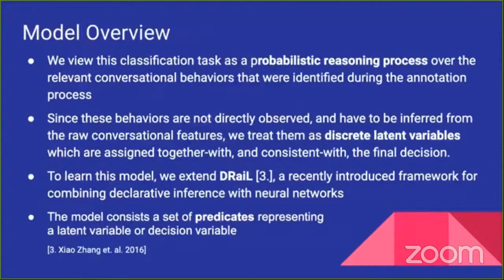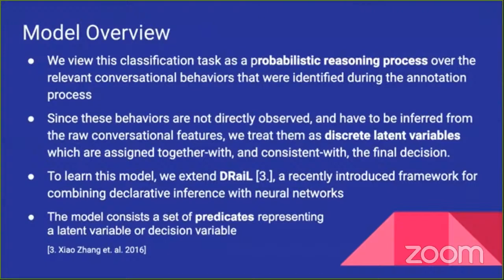To briefly describe the model, we view this classification task as a probabilistic reasoning process over the relevant conversational behaviors that were identified during the annotation process. Since these behaviors are not directly observed and have to be inferred from the raw features, we treat them as discrete latent variables which have to be consistent with the final decision. To learn this model, we extend DRaiL, a recently introduced framework for combining declarative inference with neural networks.